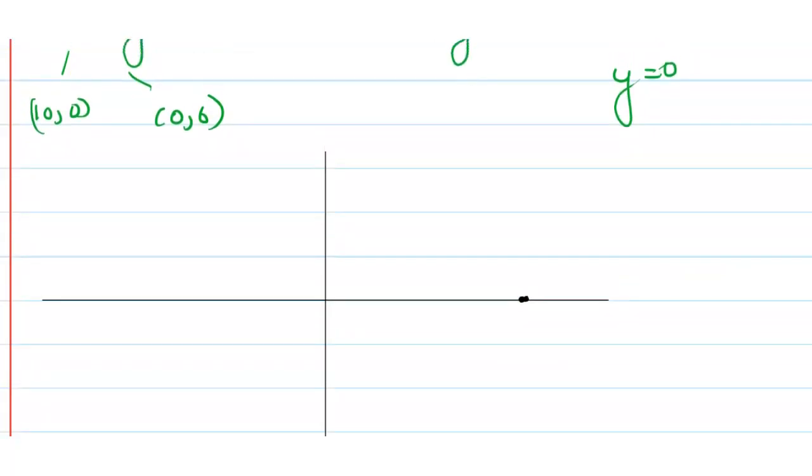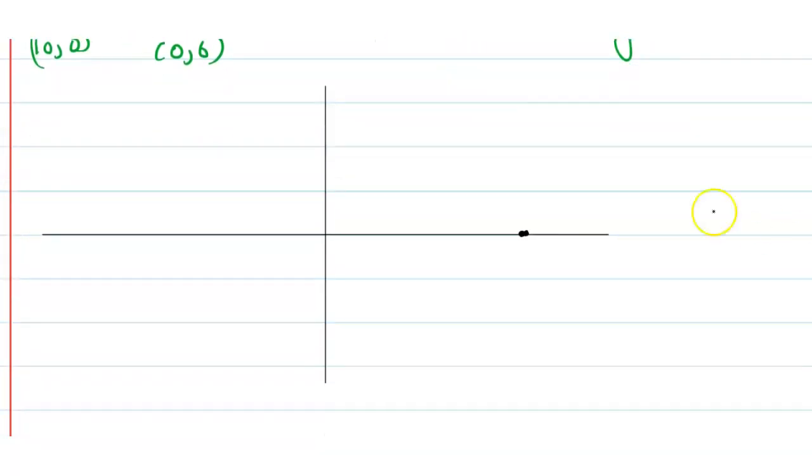And the other point which you have is 0, 6, which will be somewhat here. Let us draw in both these. Okay, so let this be your A1, 10, 0, and B1, 0, 6. So this is your first line here.